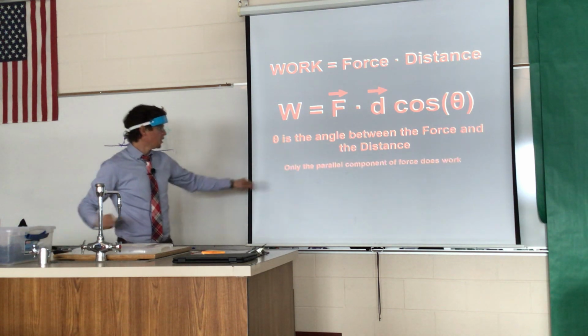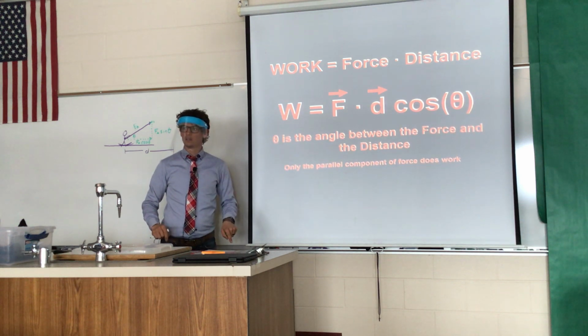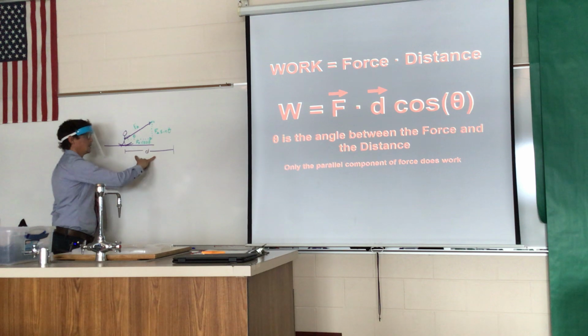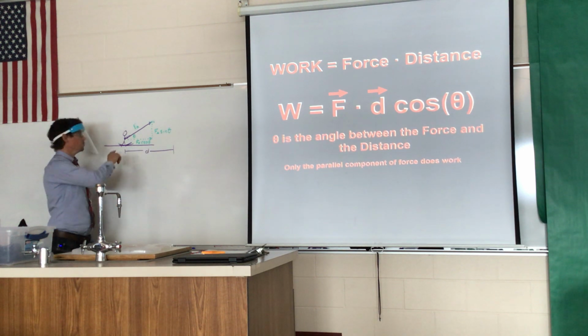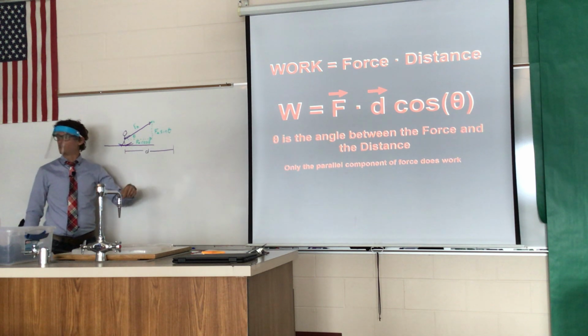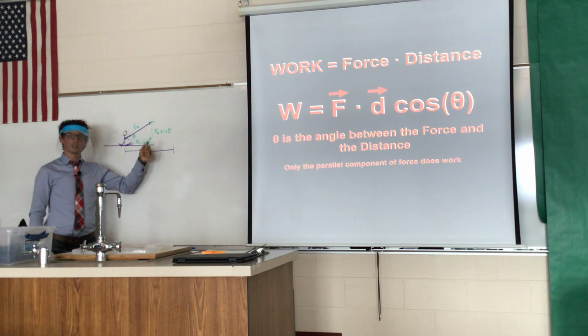One more thing here. Only the parallel component of force does work, okay? That's because it's the parallel component to this distance that's actually going to move the skier. The vertical component is just reducing the normal force. But is the skier actually being lifted vertically off the snow? No, so there's no work done vertically.